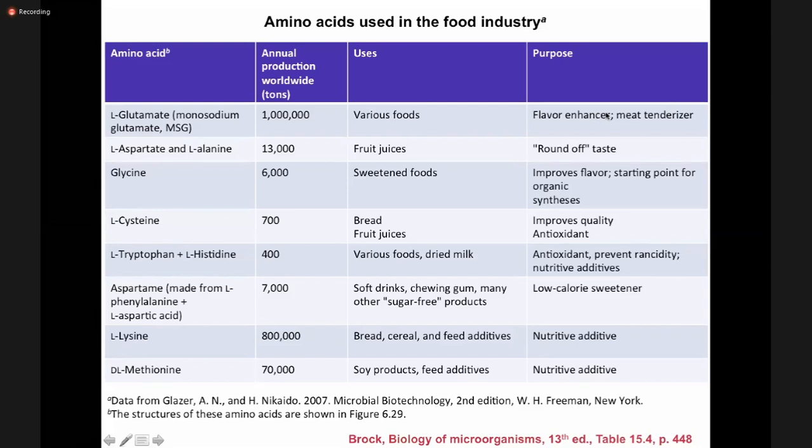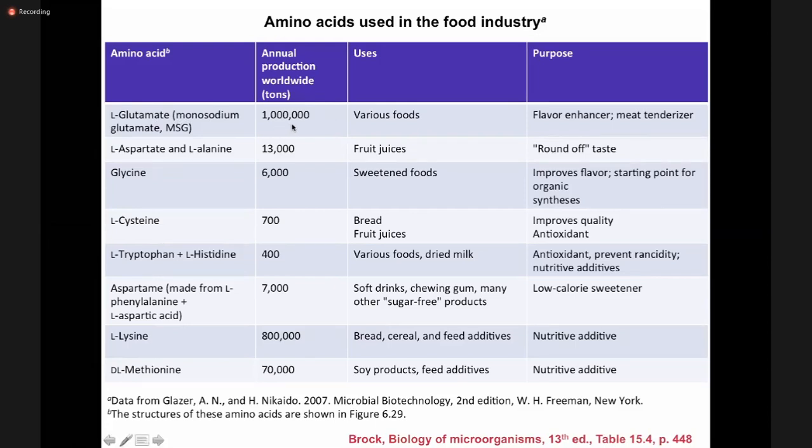Maybe you cannot see glutamate in the marketplace, but some foods contain synthetic, fermented industrial glutamate as a food additive. It's a very big market in the world.